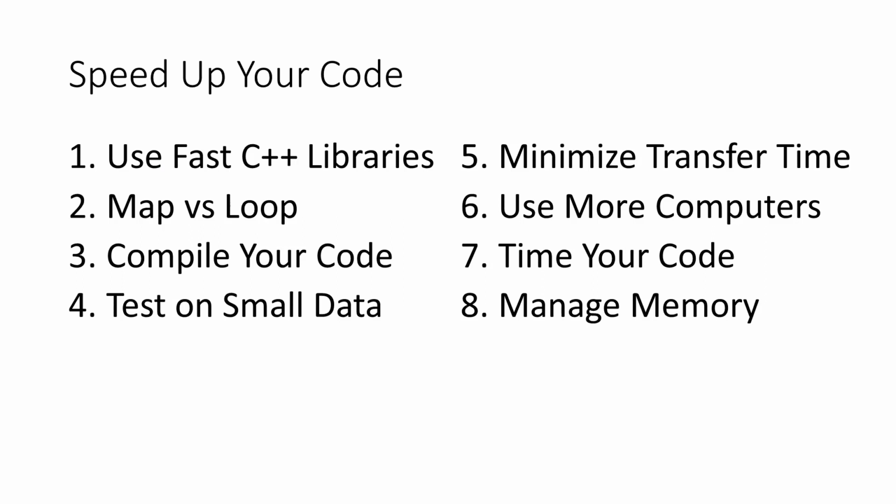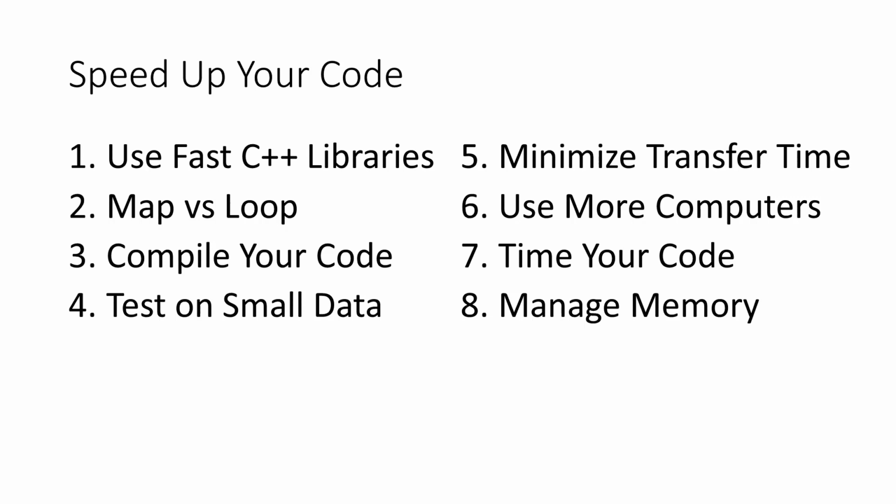So just to quickly recap on 8 things you can do to speed up your code. First of all, use the fast C++ libraries available to R and Python. Things like data.table are fantastic for speeding up data frame processing. Secondly, use functions like map and reduce over your traditional for loops. You can definitely get some performance gains there.